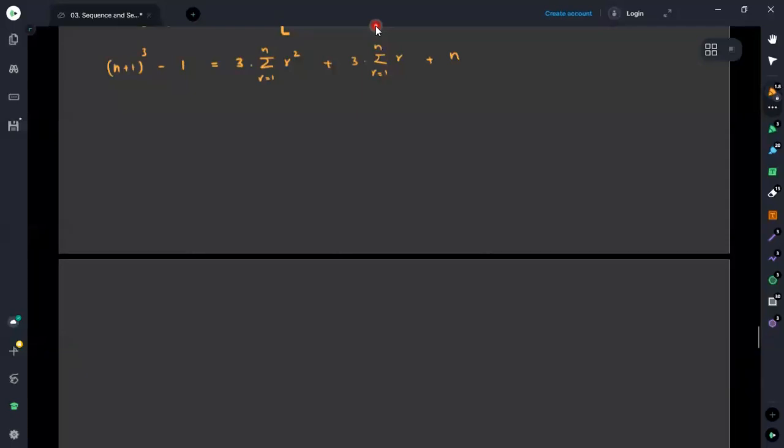Then we'll get this quantity as n plus 1 to the power 3 minus 1, and this will become 3 times summation of r going from 1 to n r, then plus n becomes minus n, and in the right hand side we'll get this quantity as 3 times summation of r squared, where r is going from 1 to n. Now instead of summation of r, what we can do is we can consider the quantity that we have obtained at the previous stage.